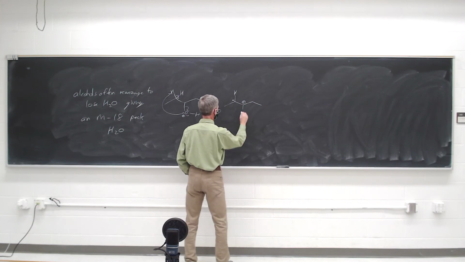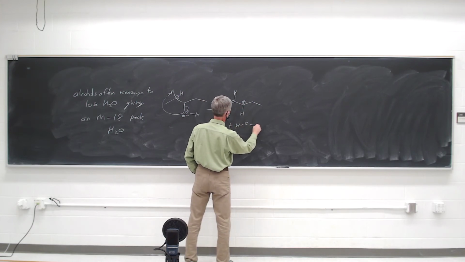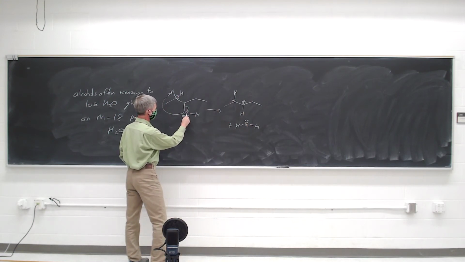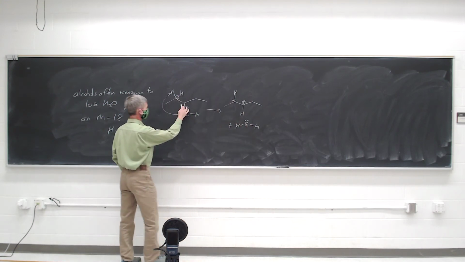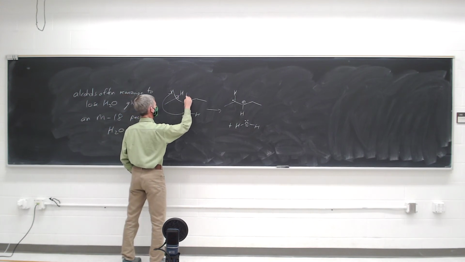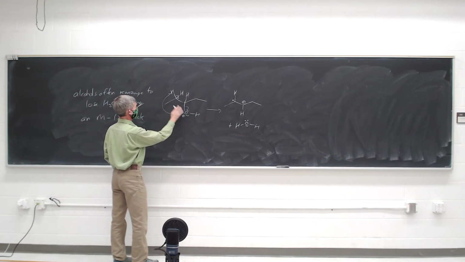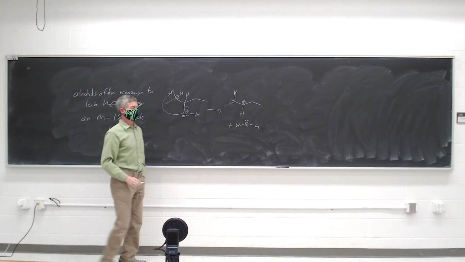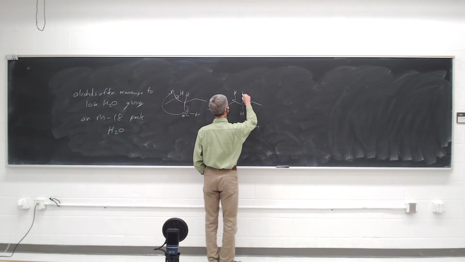That's a radical cation. Right? So this lone pair is here. This lone pair used to be this bond to carbon. This radical has now formed a bond to that hydrogen, that's this bond, and left one behind. This is a pi bond with one electron in it.